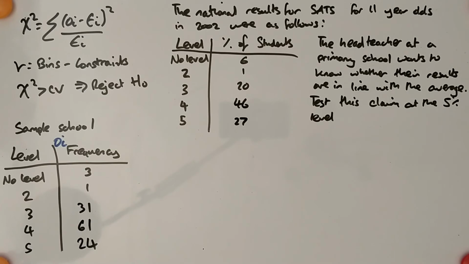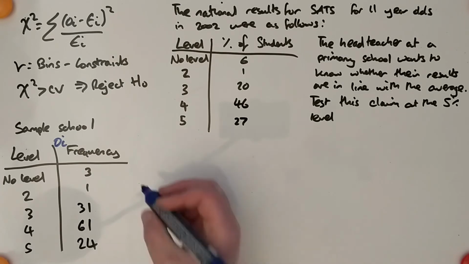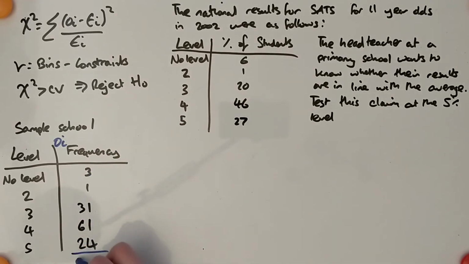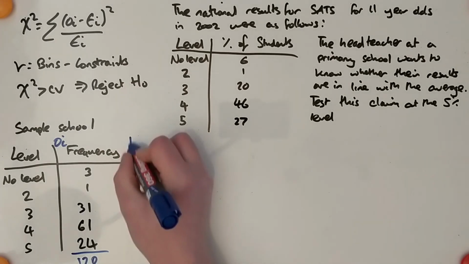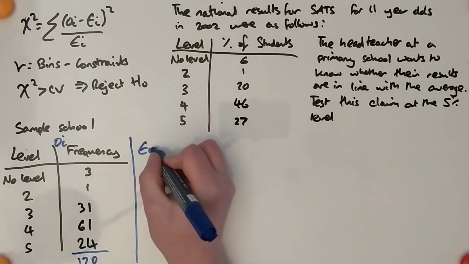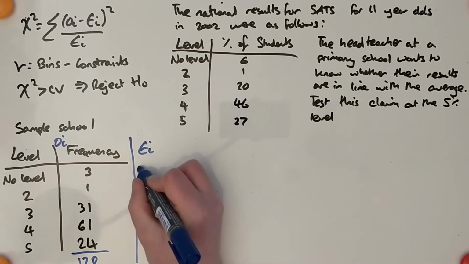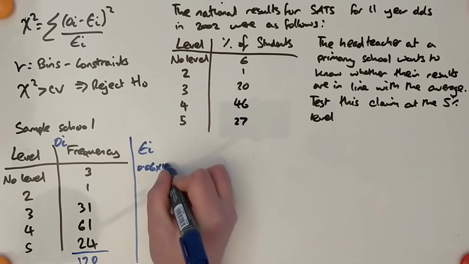So you're either going to be given a ratio or a percentage table like so. We've got 120 people in a sample here. So if I want to work out my expected values, this one would be, I expect 6%, so it would be 0.06 times 120.